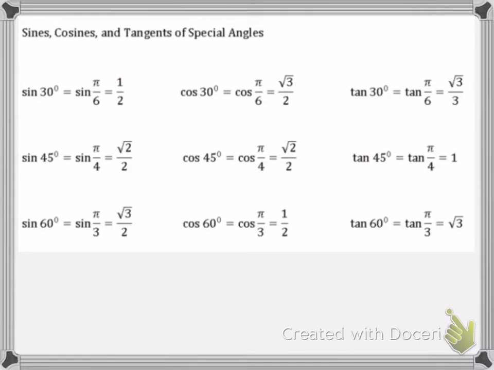Now, this chart, this slide must be memorized. Okay, first off, right off the bat, it must be memorized that the sine of 30 is equal to the sine of pi over 6, which is equal to a half. Now, we've already solved that in the previous slide. We also found that the cosine of 30 is equal to the square root of 3 over 2, and we found the sine of 60 and the cosine of 60.